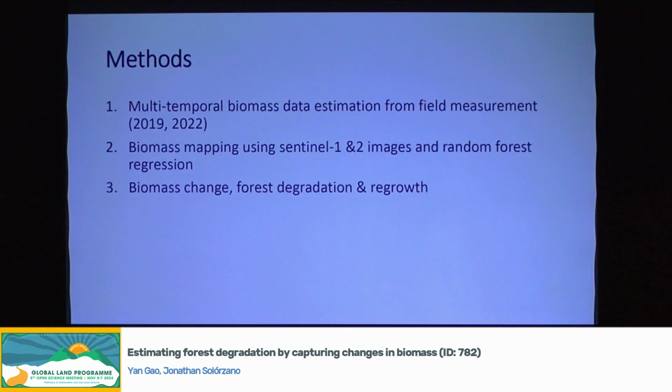The method we use, briefly: we first estimated multi-temporal biomass from field measurements, and then we upscaled this biomass. We mapped the biomass using Sentinel-1 and Sentinel-2 data, and also a random forest regression. And then we obtained this biomass change map, and through that, we estimated forest degradation and some regrowth.